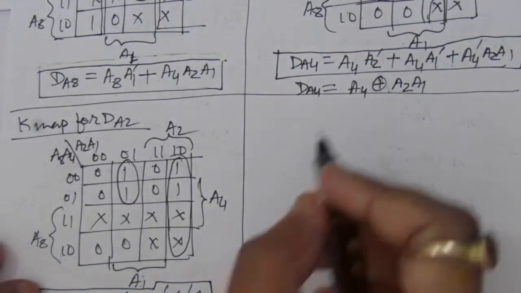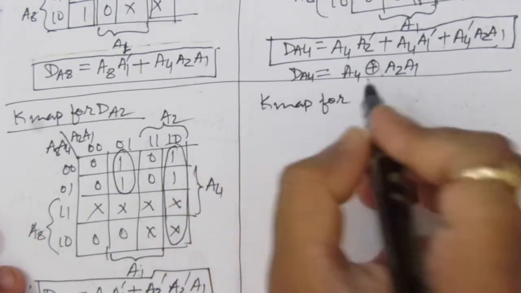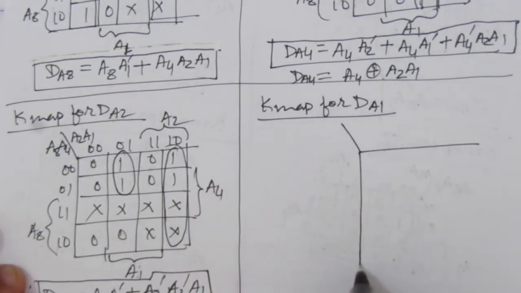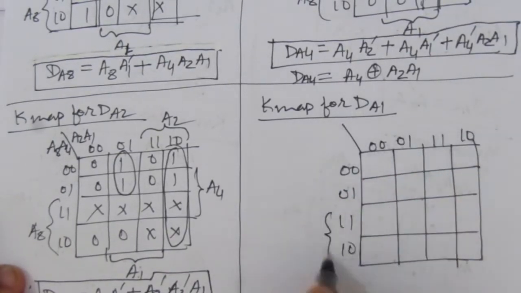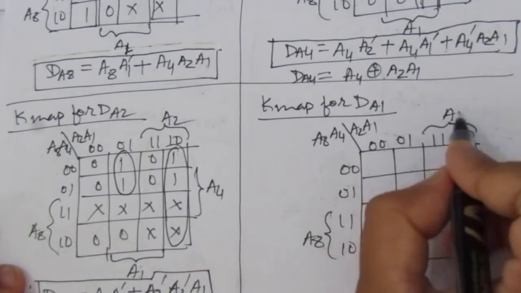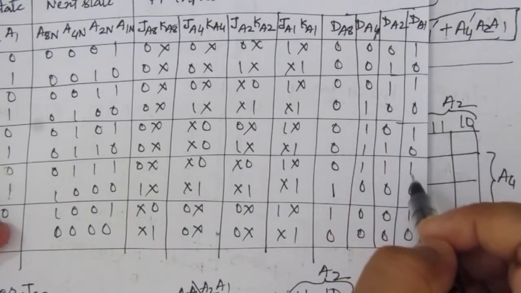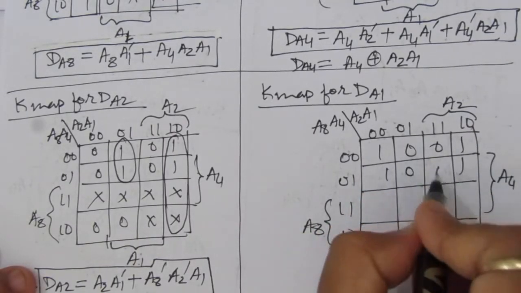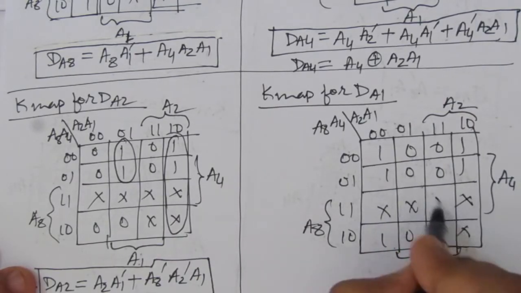Okay, so this is the expression for DA2. Okay, now we'll find out the K-map for DA1. So here also we'll have a 4 variable map. So we have to fill up this table with the values of DA1. So DA1 are 1 0 1 0 1 0 1 0, 1 0 1 0 1 0, then don't care, don't care, don't care, don't care, don't care.